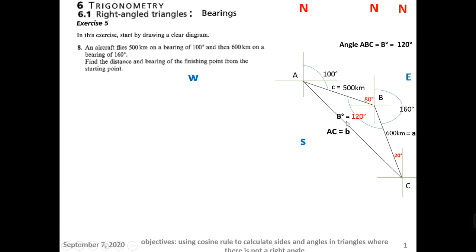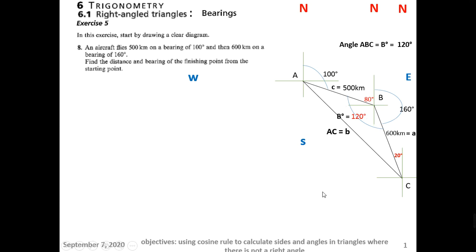The opposite side to angle B is the side that is named AC or small b. The opposite side to angle capital C is actually the 500 kilometers. So that's why the 500 kilometers is equal to small c. The opposite side to capital angle A is the 600. So that's why the 600 is equal to small a.